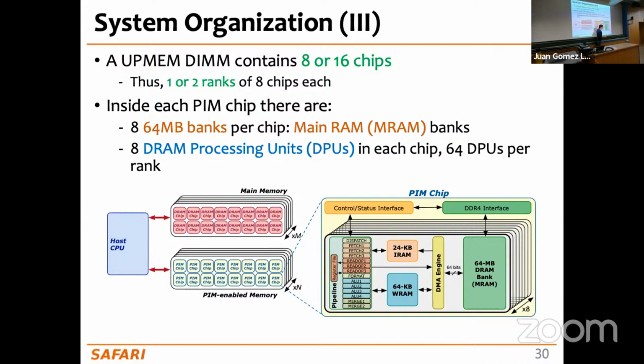You know that instruction caches hold some cached instructions from a program that resides in the external memory. It's not the case here. The entire program resides here in these 24 kilobytes of IRAM. And this WRAM has a size of 64 kilobytes. Of course, the size of these different memory spaces may change in future systems, right? These two are not DRAM, these two are SRAM.